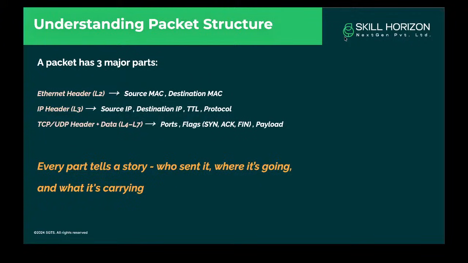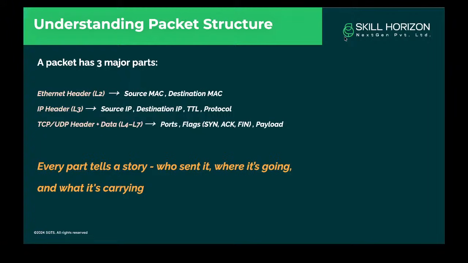And then layer 4 to layer 7, which depends on your particular packet. Sometimes you will only have layer 4 data, sometimes you will have layer 5, 6, or 7 data. So these packets contain all this information in layers. You already know about it.